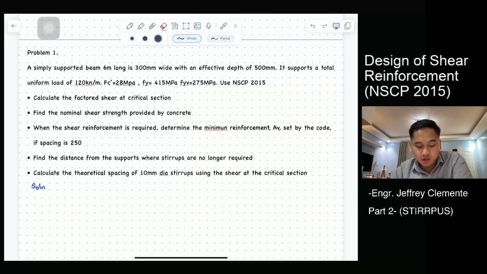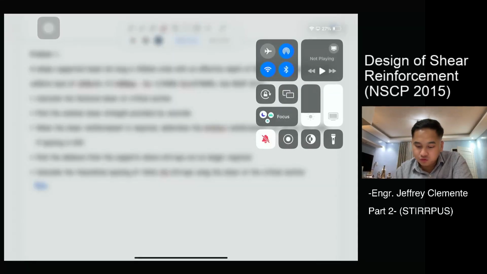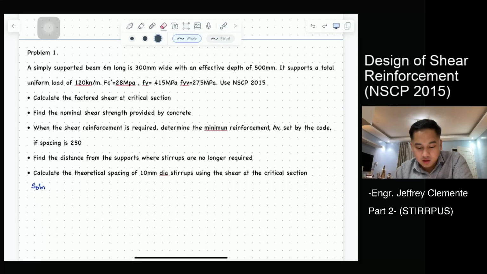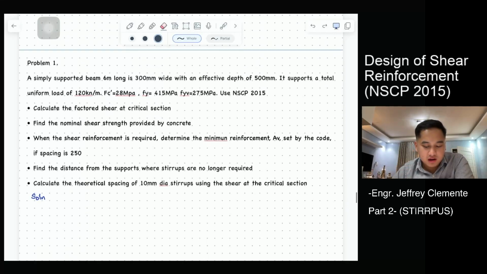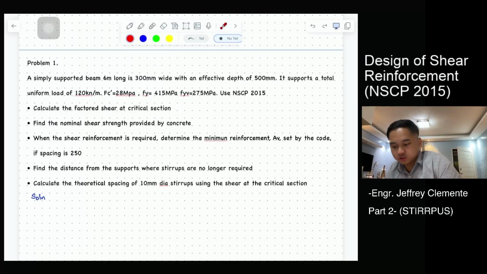So f'c is 28 megapascal, fy is 415, and fyv is the shear steel yield strength ng bakal ng stirrup. Pag hindi binigay, mga isa lang binigay, di gamitin mo isang binigay na yan. But in this case, in-specify siya, di ba? Use NSCP 2015. So first question, calculate the factored shear at critical section.